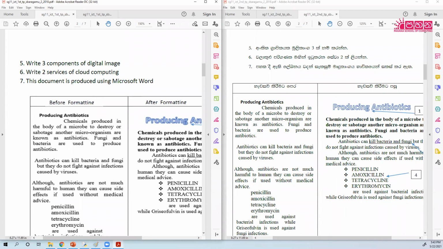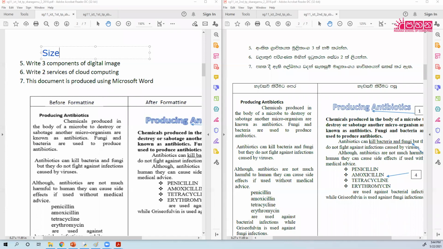I can give you the answer. In an image, the components of a digital image are size, pixel, color, and resolution. Let me type the answers, but we will discuss them later. We have not covered this yet.